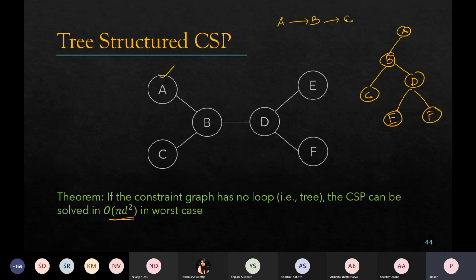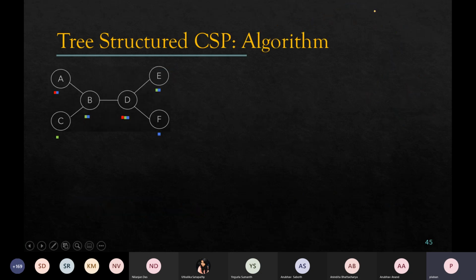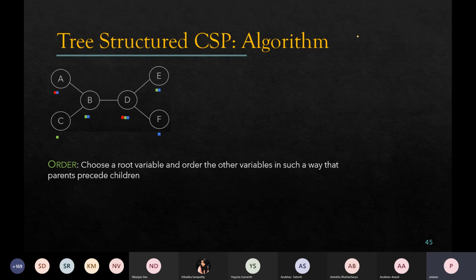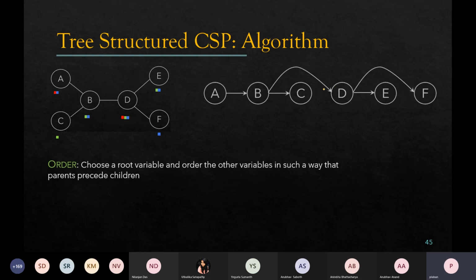From B to C, I have something like this. Now from B to D, I have another edge. As a result, we'll have a structure like this, right? So the first step in the algorithm is that we order the variables in a way that the parents will always precede the children, right?